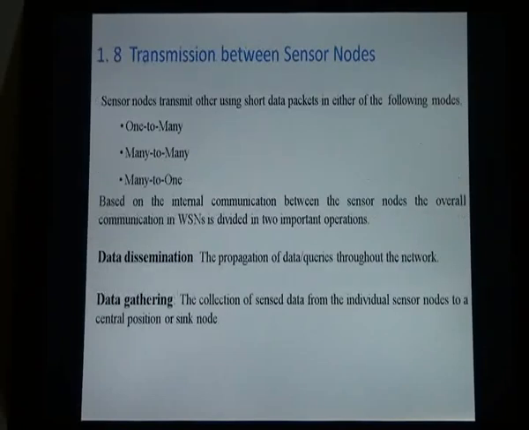As far as the transmission between the sensor nodes is concerned, there are 3 ways in which the transmission generally takes place. A single node can communicate with many other nodes. More than one sensor node can communicate with another set of more than one sensor nodes, that is, many to many. Or a group of sensor nodes can communicate with a particular sensor node, that is, many to one.